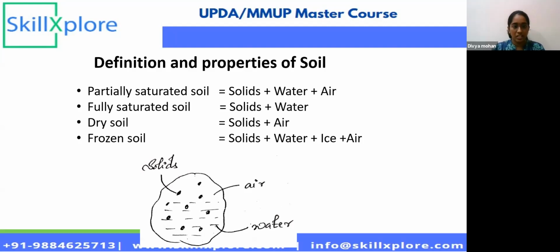Partially saturated soil has 3 phases, fully saturated and dry soil have 2 phases, and frozen soil has 4 phases. So any soil existing in nature will be present in 2, 3, or 4 phases. We'll see it in detail.